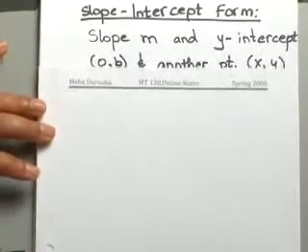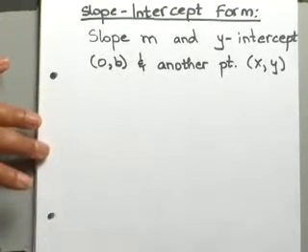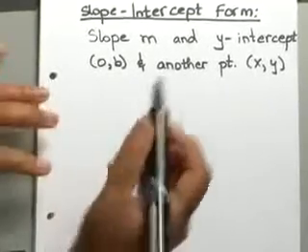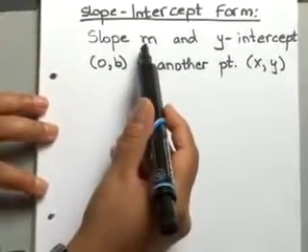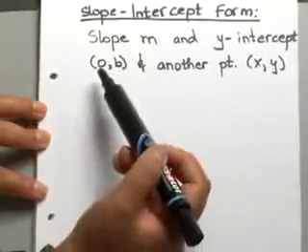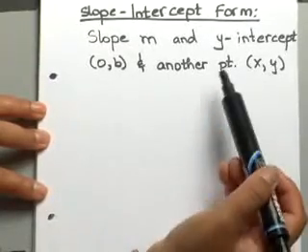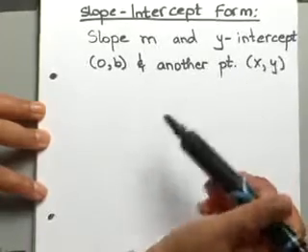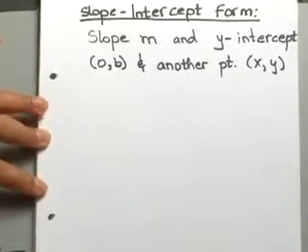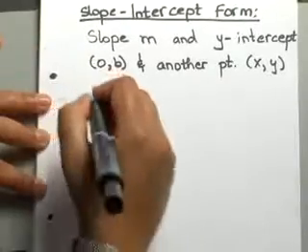Now, for this slope-intercept form, these are some of the things that we need to come up with it. We need the slope of a line, slope m. We need the y-intercept, and we're calling the y-intercept (0, b) for some real number b, and we're going to need another point (x, y). Now, we will start out by using our slope formula.